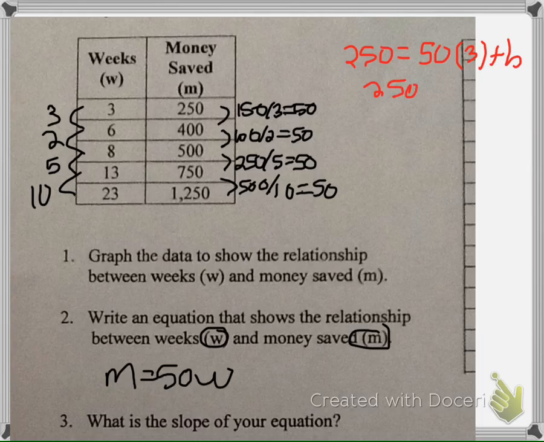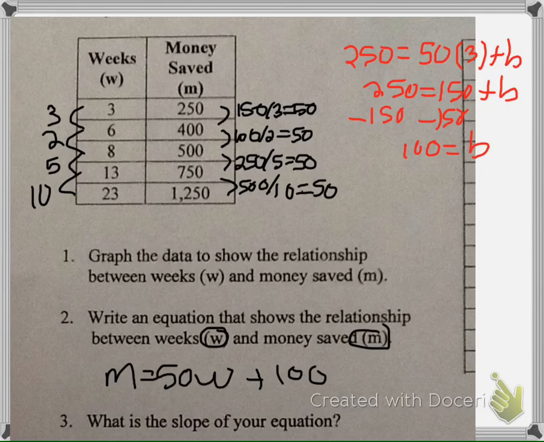So I have 250 equals 150 plus B. I have to subtract 150 on both sides, and I get 100 equals B. So when I come down to write my equation, it's M equals 50W plus 100.